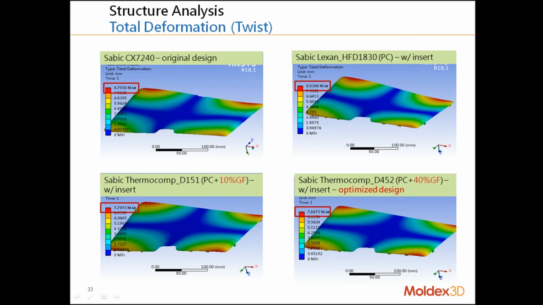And also for the second test, with the twist on two sides, we can find that the deformation differs across designs. For the optimized design, we get the lowest total deformation, as we can see in the right bottom corner.